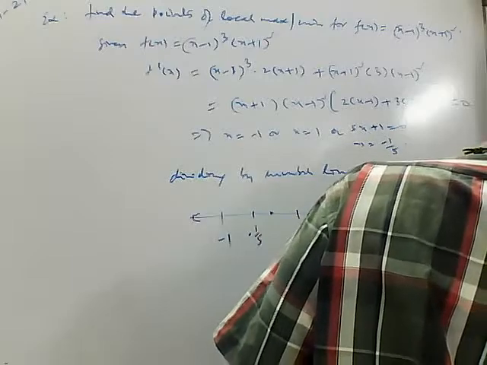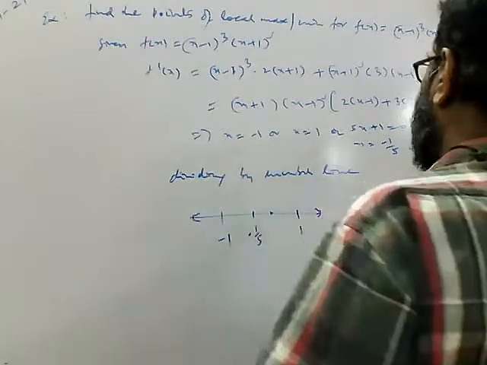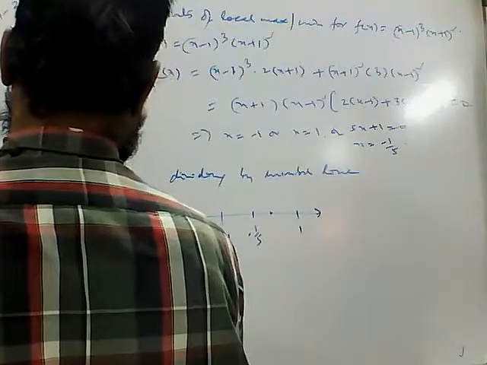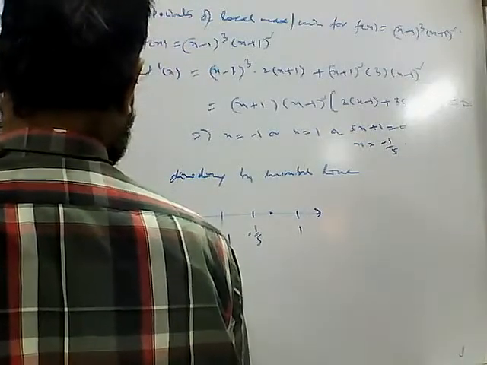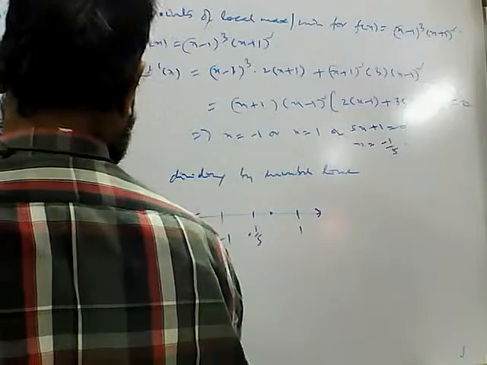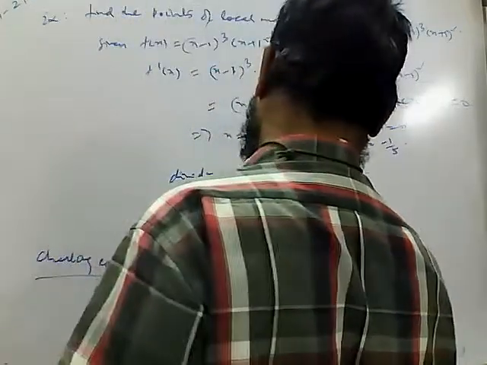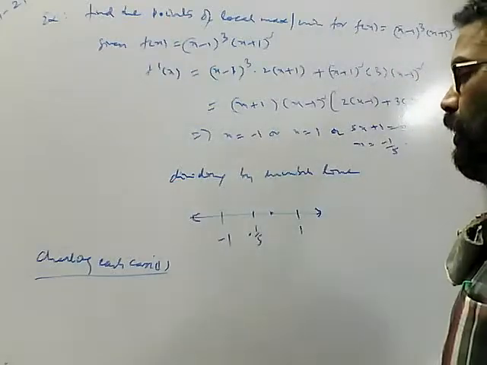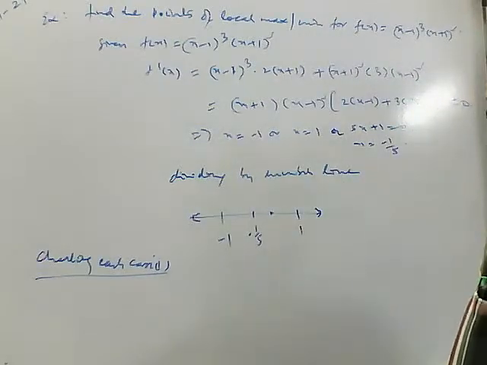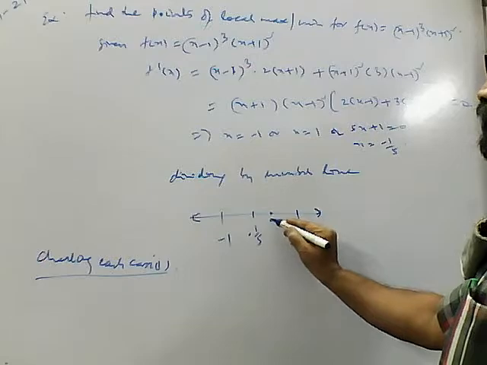Okay, checking each case. So we have to check each case. Now divided by number line: minus 1, minus 1 by 5, 1. This is 0.